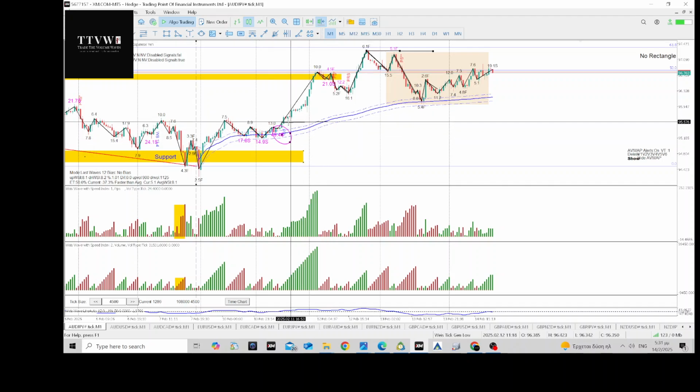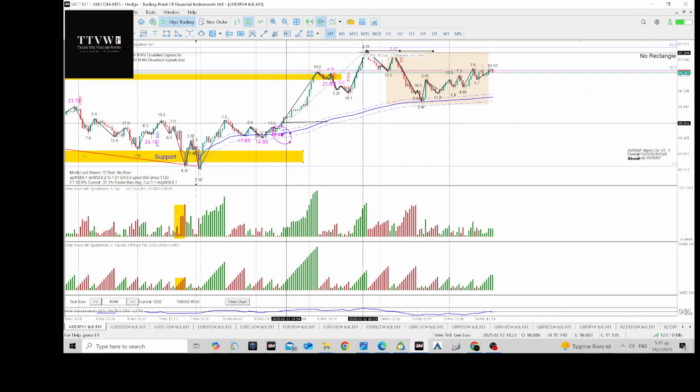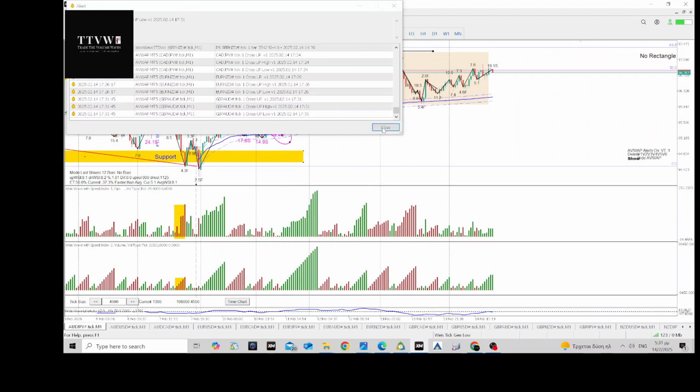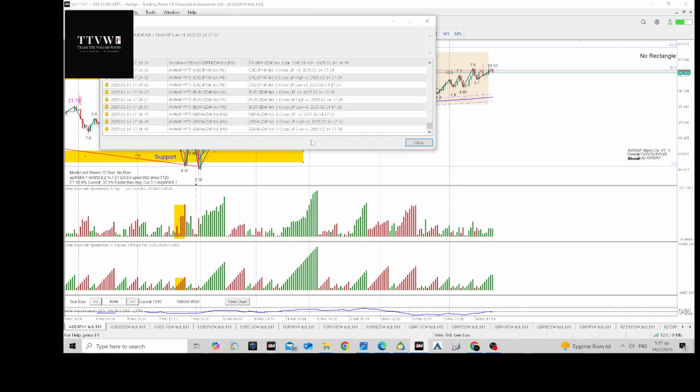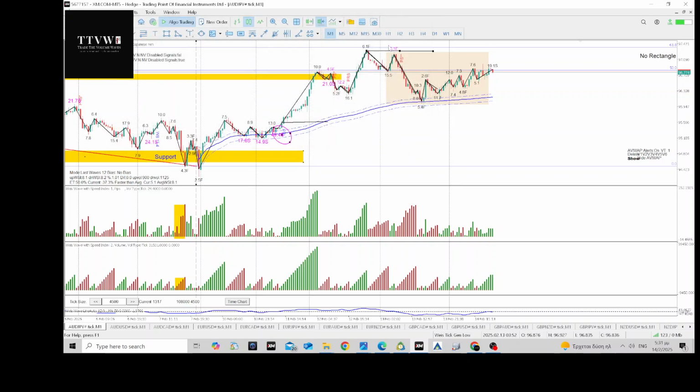So there we go. From entry all the way up to here, it's 172 pips. That's an alert from the AVWAP that we are crossing somewhere. So that was 170 something pips.